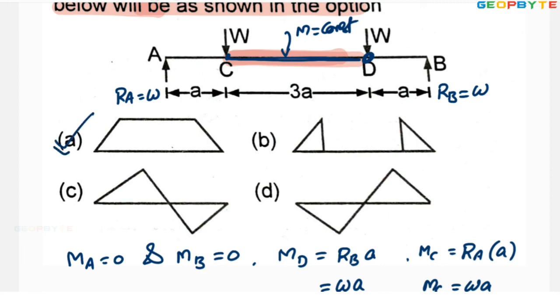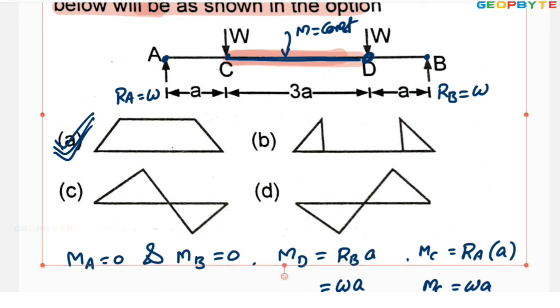Definitely A is correct. So bending moment at A and B is 0. Bending moment at C equal to bending moment at D. In between C and D the bending moment is constant. Therefore, option A is absolutely correct. I hope you understood. Let us go for the next problem.